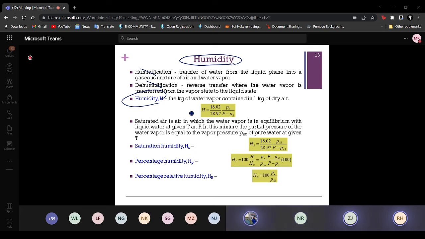So humidity is, if you look here, the kg of water vapor contained in 1 kilo of dry air. Okay, let's say this is a container. So this container consists of dry air. Let's say ada 1 kilo dry air dalam container ni. And you have the H2O, water vapor moving around.